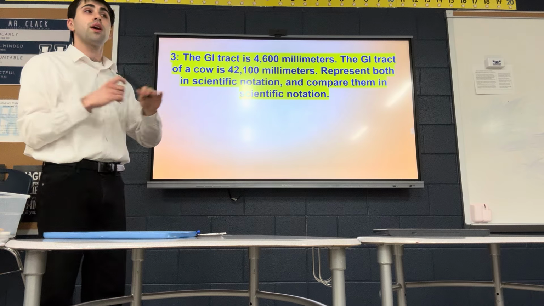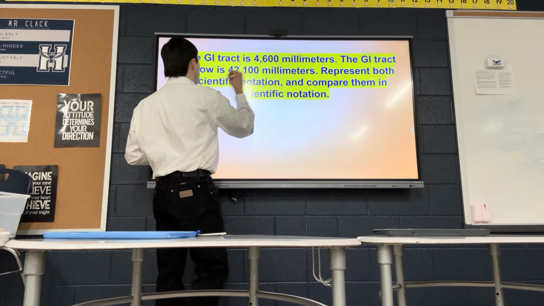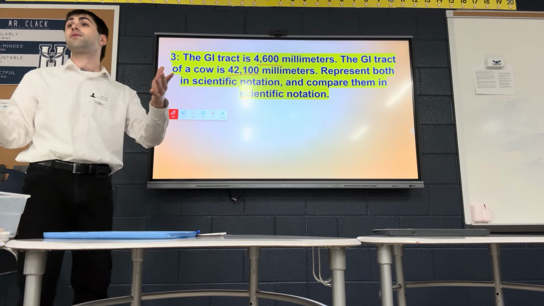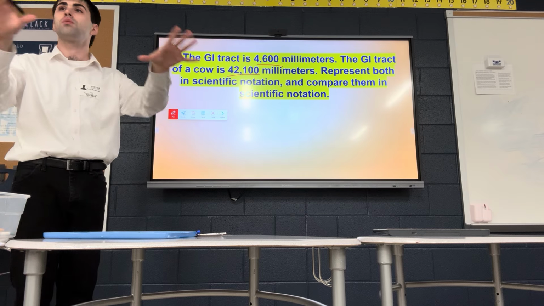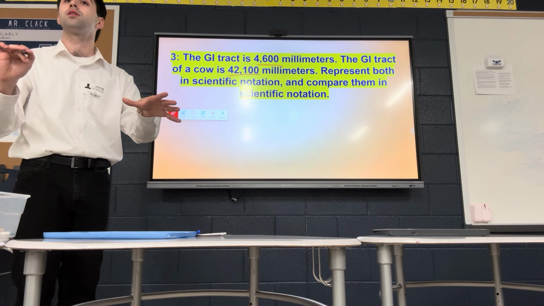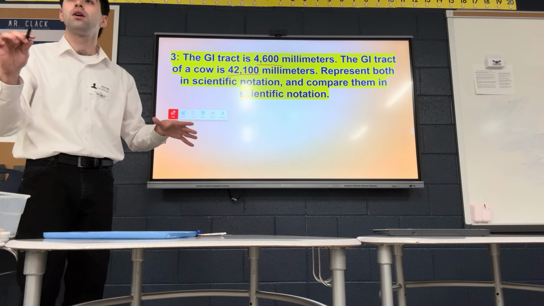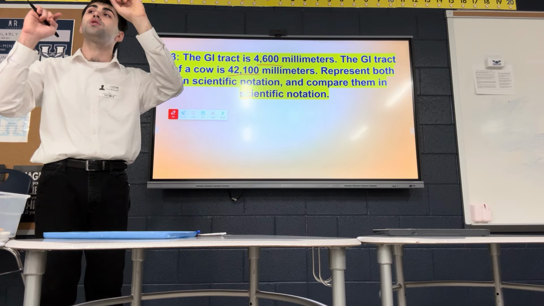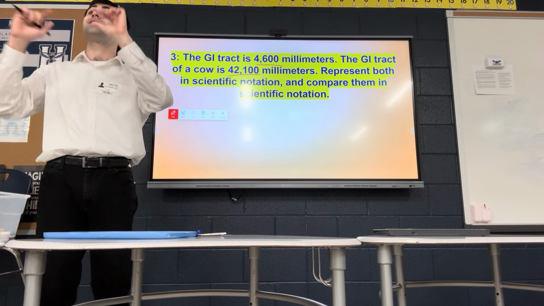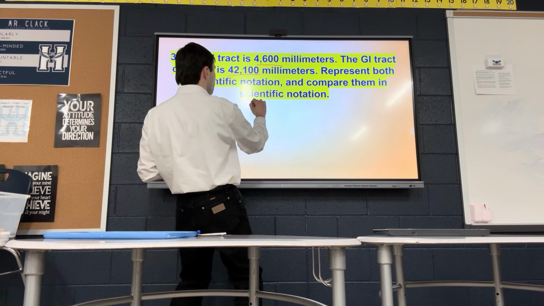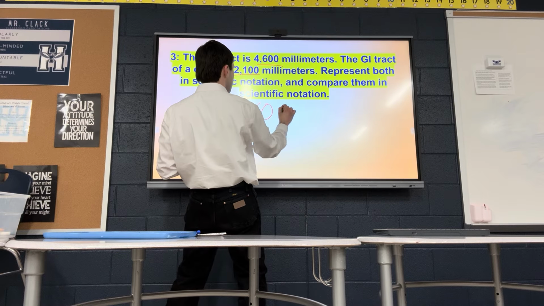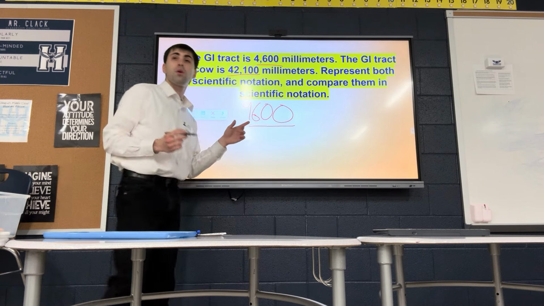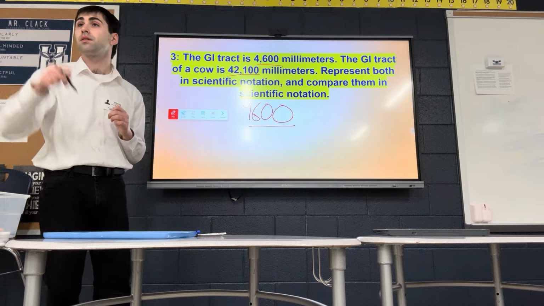Now, can you turn 4,600 and 42,100 into scientific notation? How would you turn this into scientific notation? What would you do first? Remember, we have to make the number from 1 to 10. So we have 4, 6, 0, 0. Where would you put the decimal point?